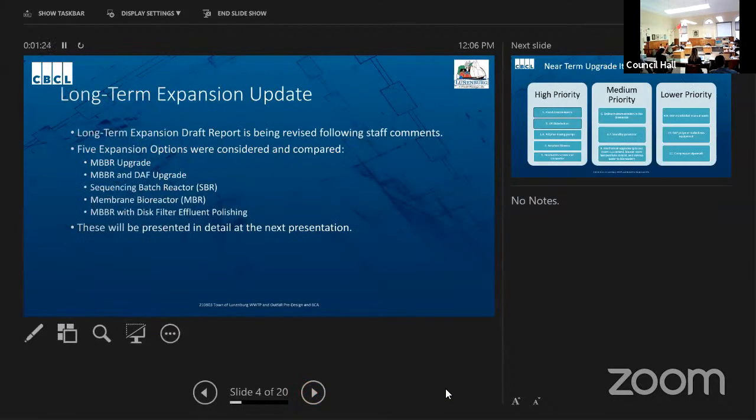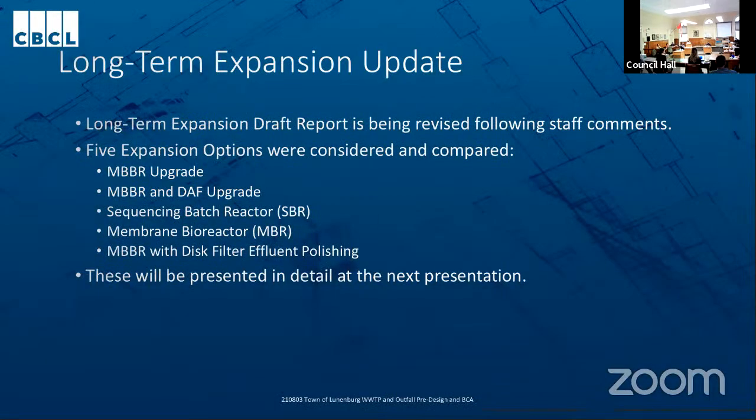I'll first give a short update to the long-term expansion. We're currently in the process of revising the report following staff comments and discussions. And there are 5 expansion options that were considered and compared in this report. There's a moving bed bioreactor upgrade, which uses the existing DAFs, but adds capacity to the moving bed bioreactor. A moving bed bioreactor and DAF upgrade, which replaces the dissolved air flotation tanks as well.